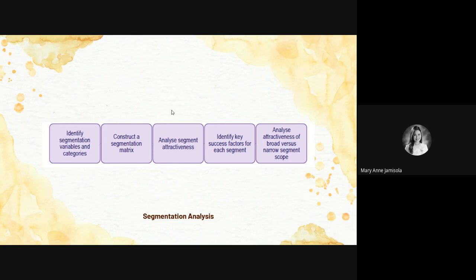The fourth step is to identify key success factors for each segment. Each segment identified must be assessed with a relevant measure of performance. It could be quality of products or quality of the service, timeliness of delivery of the products, etc. A single performance measure across all segments is not advisable.